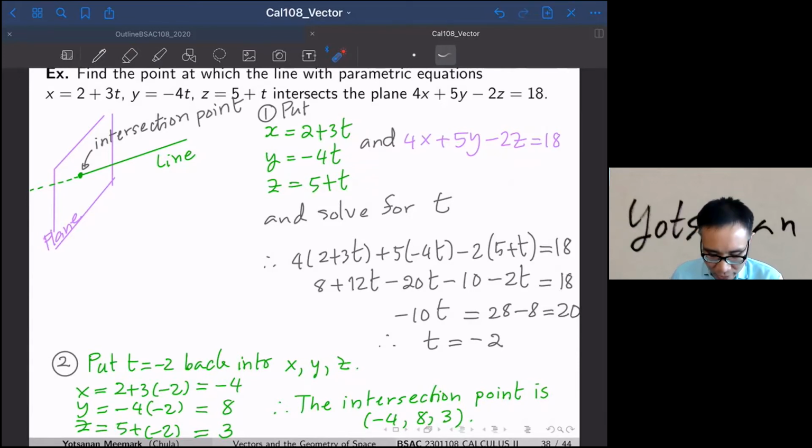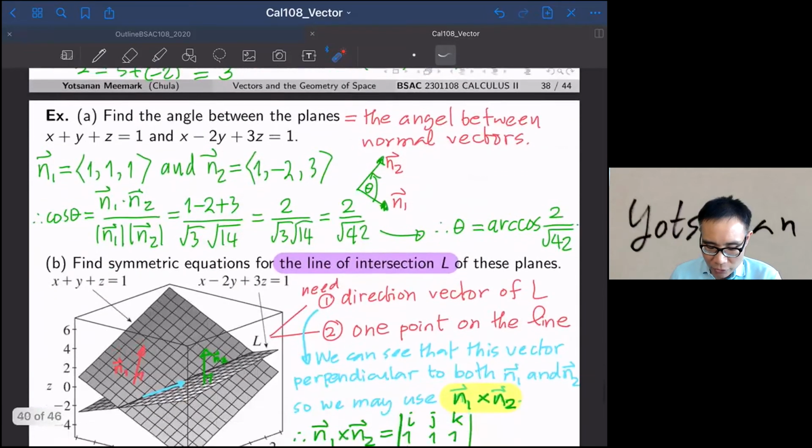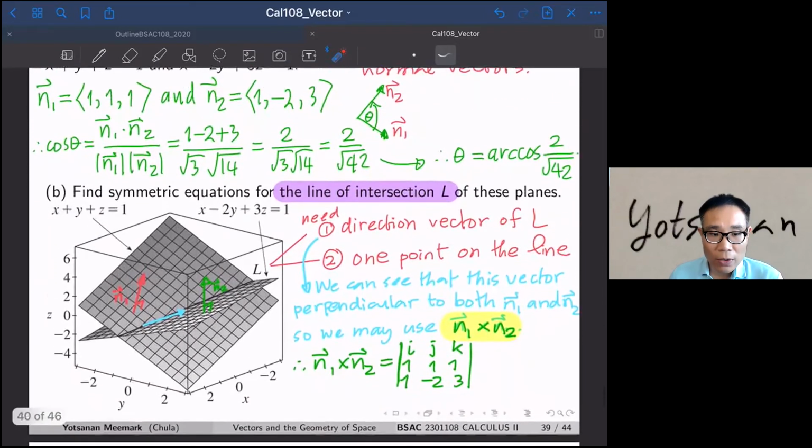And then you're going to plug t back into the equation of the line in order to obtain the point x, y, and z. And the final thing that we studied: if you have two planes, you can find the line of intersection. When you have two planes, the intersection turns out to be a line. And if you want to find the line of intersection, the direction vector turns out to be just n1 cross n2.